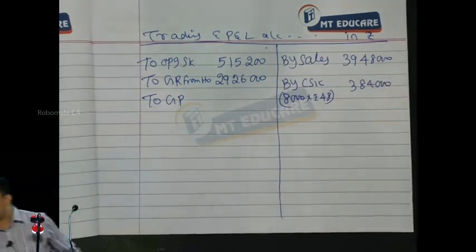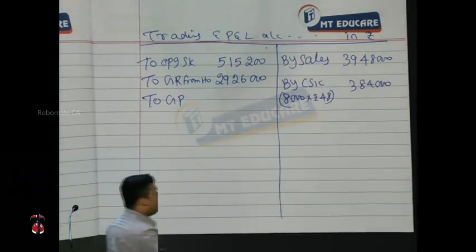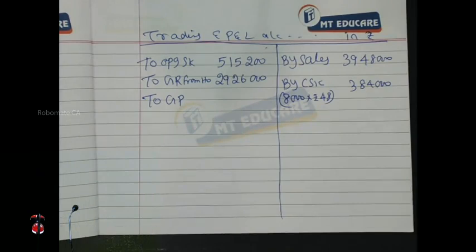Now listen friends. In the trading P&L which was prepared in dollars, you arrived at the profit as a balancing figure. Profit is computed and closing stock as balancing figure.